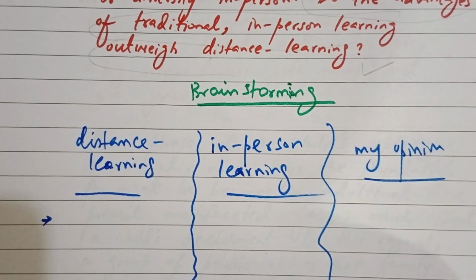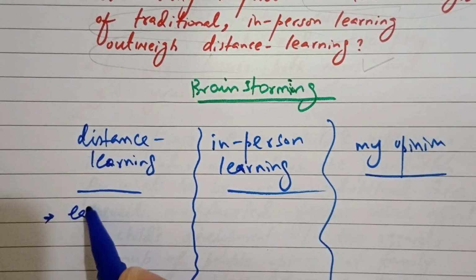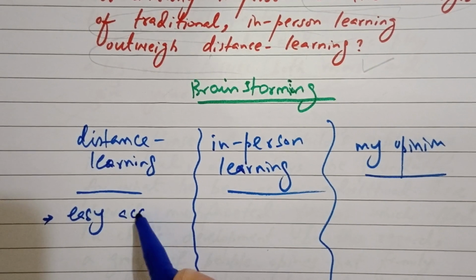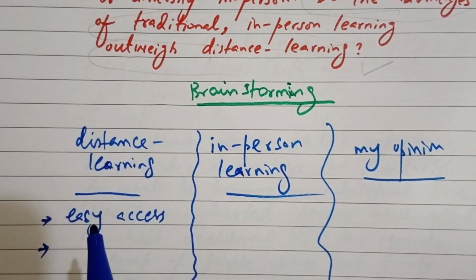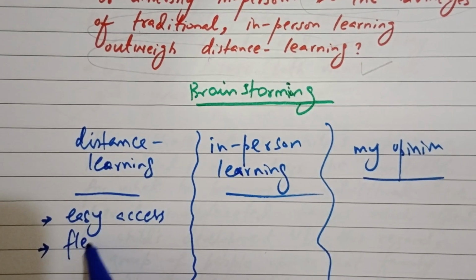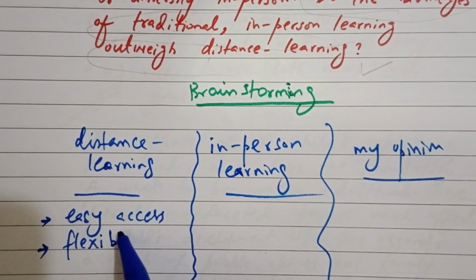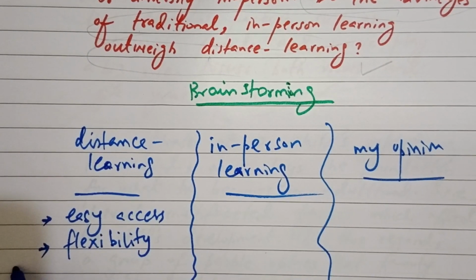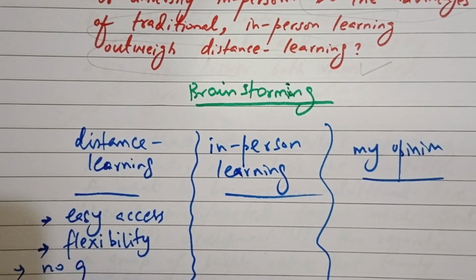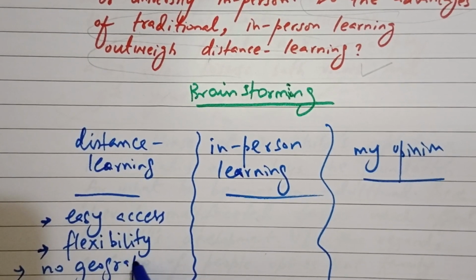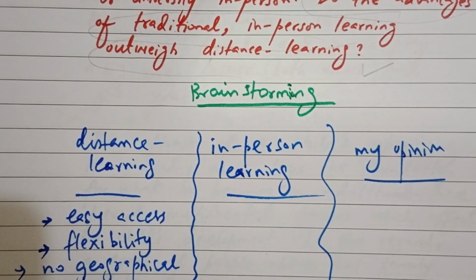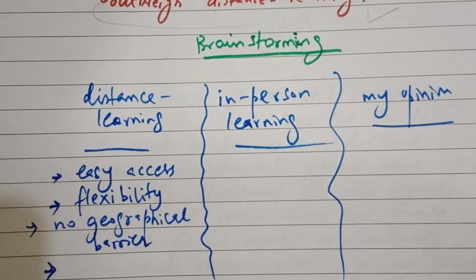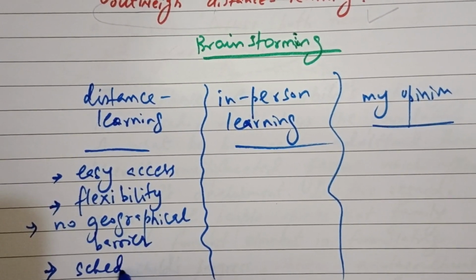Why is it convenient? Because of the easy access, and another is flexibility. It is flexible for the learners, and another is no geographical barriers, and another is schedules.